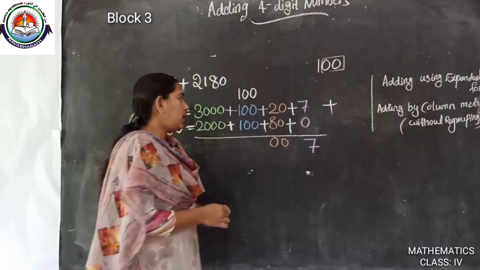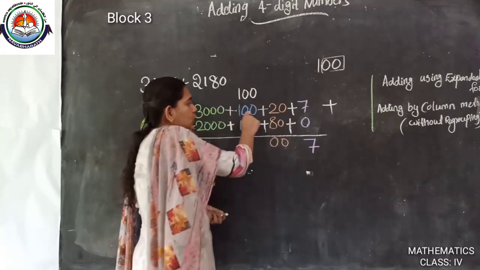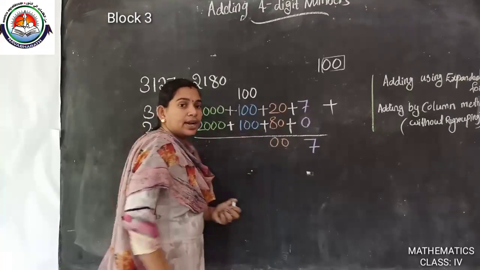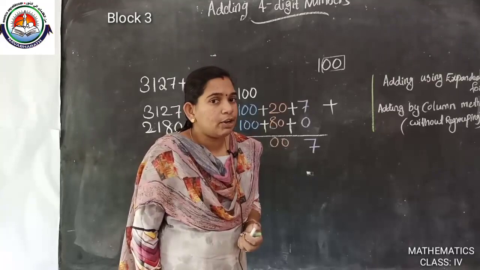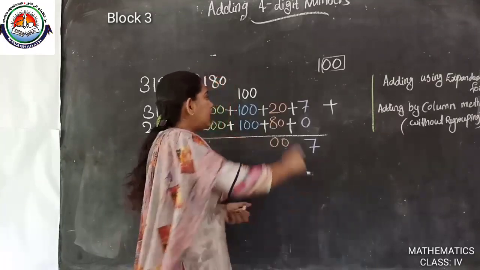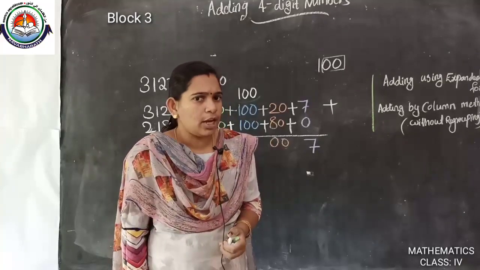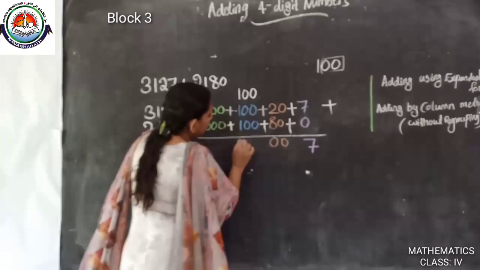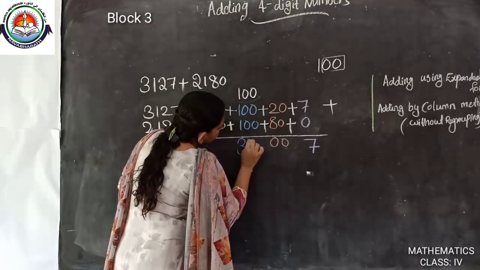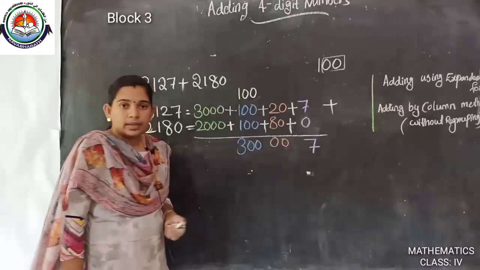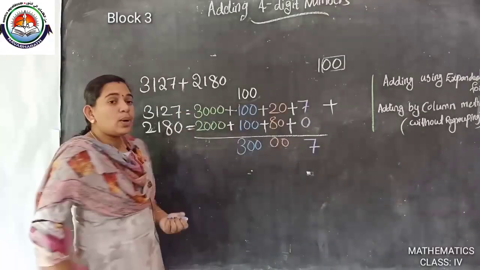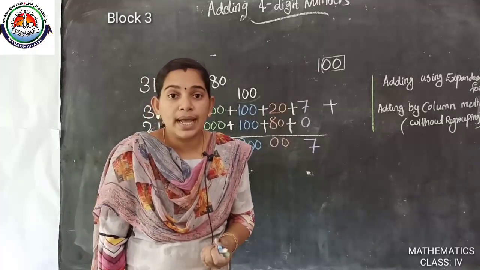Okay. Then we are adding these two. 100 plus 100. What is the value? 200. Then here 100 is there. 200 plus 100. What is the value? 300. Then 1000 place, 3000 plus 2000.